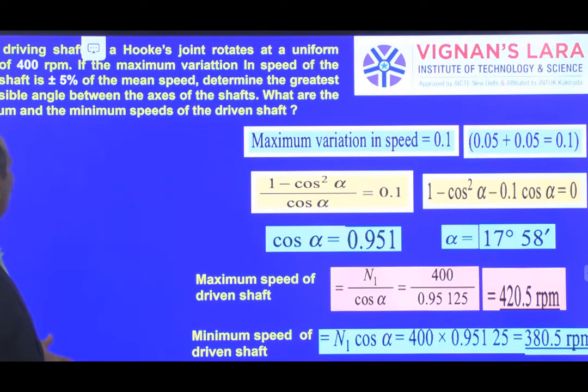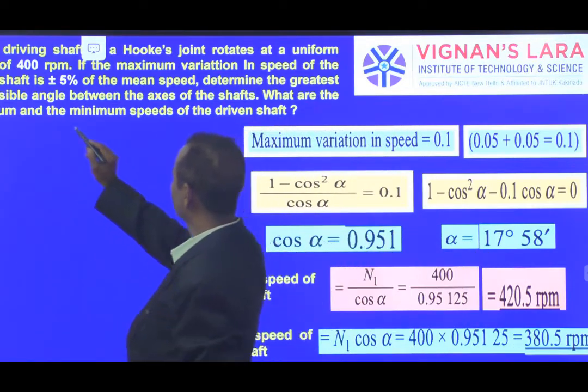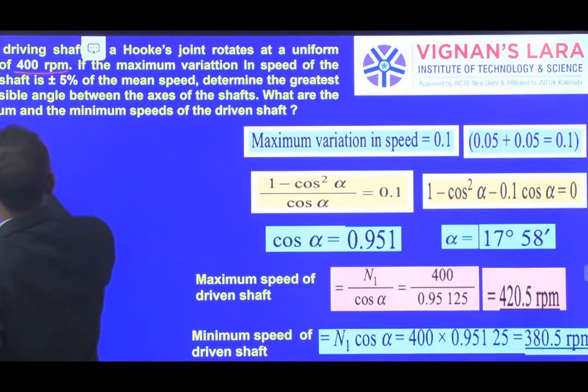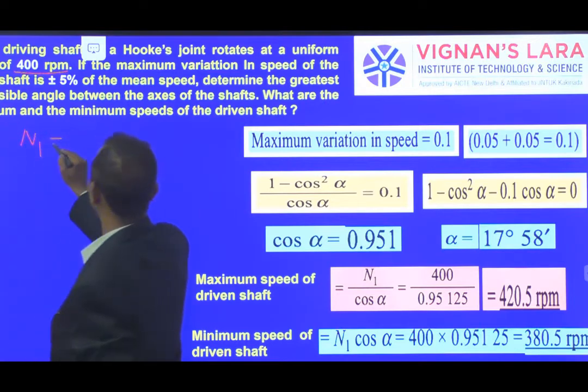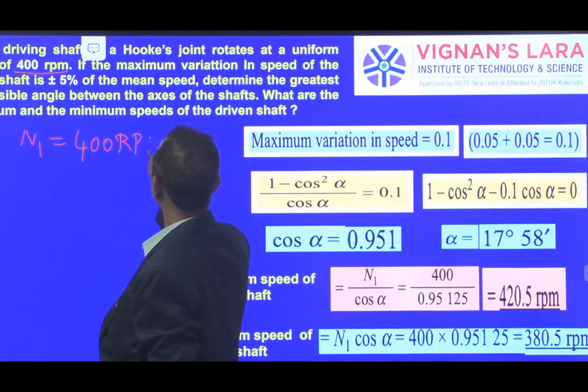The driving shaft of a hook joint rotates at a uniform speed of 400 rpm. That is N1 is equal to 400 rpm.